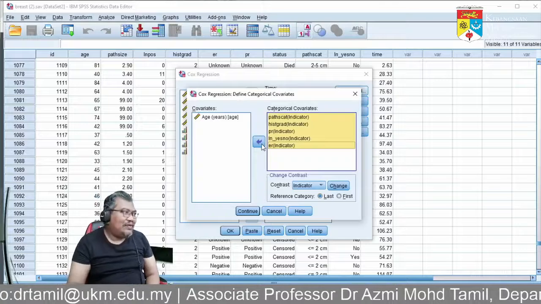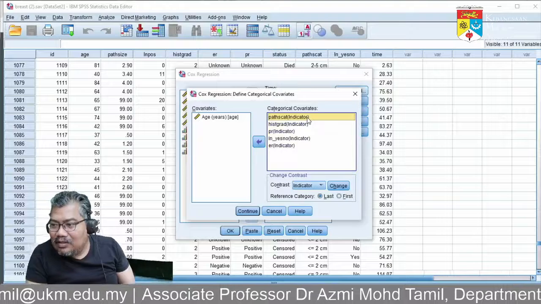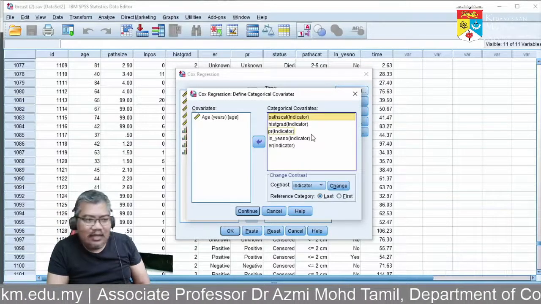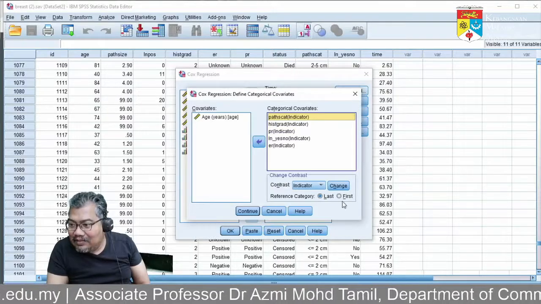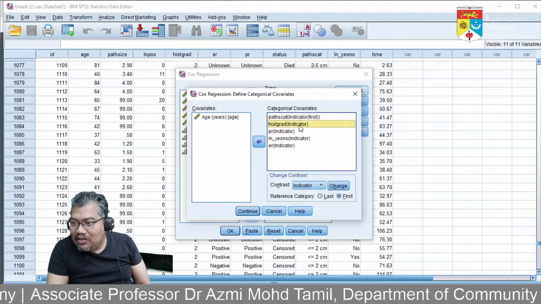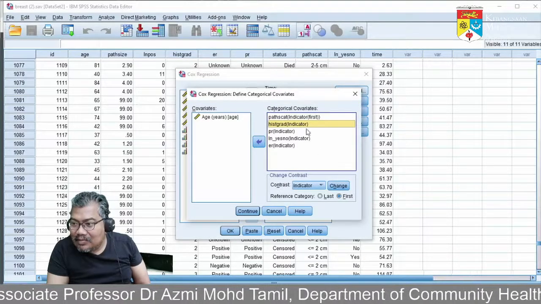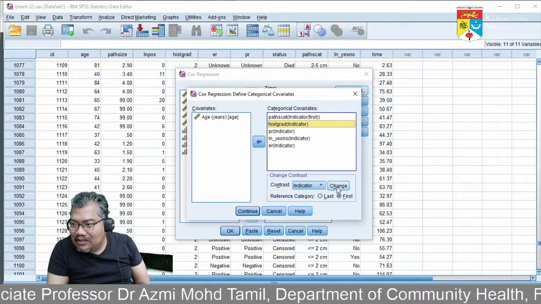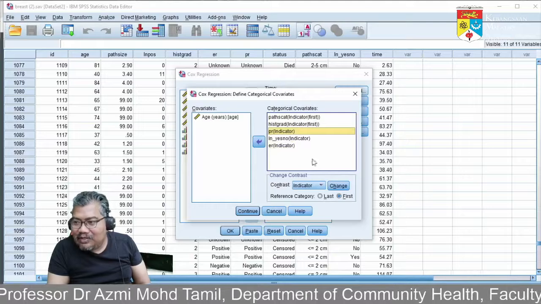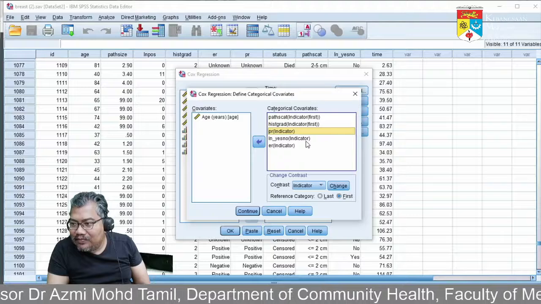Okay, we shift everything to the right side. For the pathological category, reference group 1 is the first. Histology grade, this one is also first. Progesterone receptor is last, so I'm not going to change it.